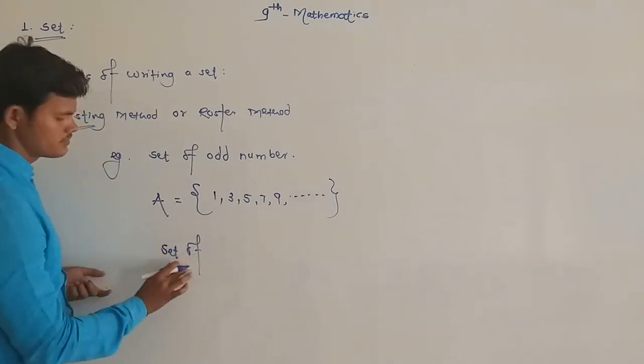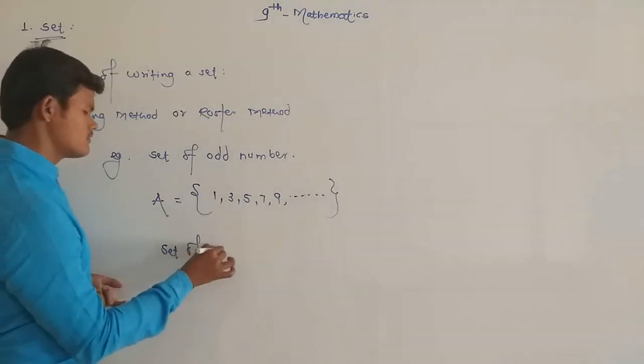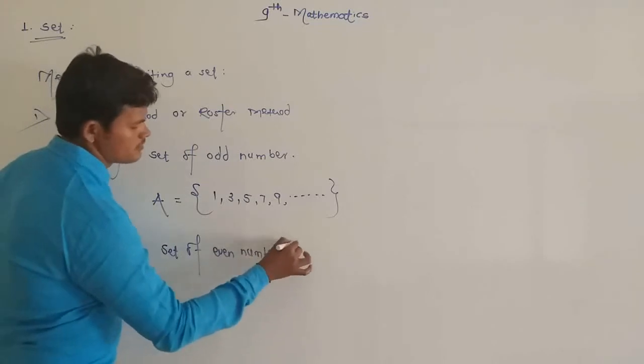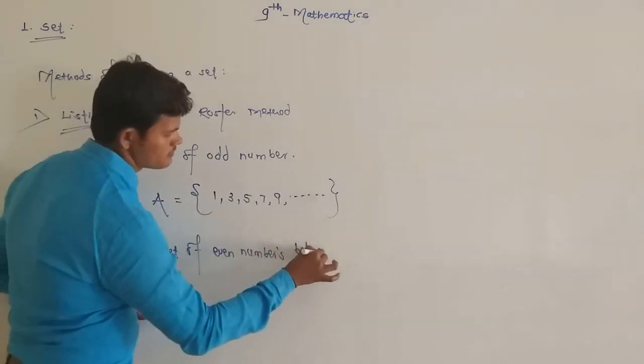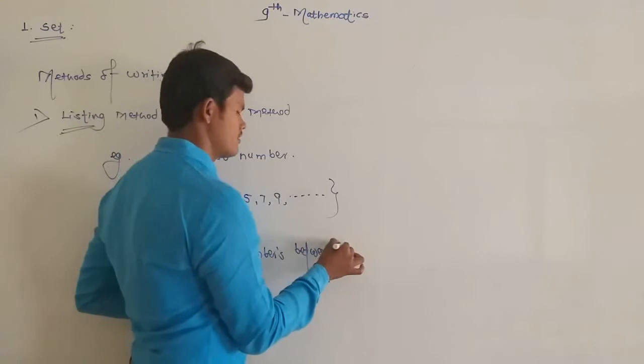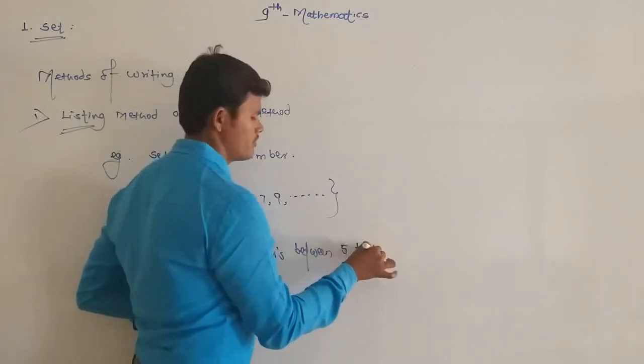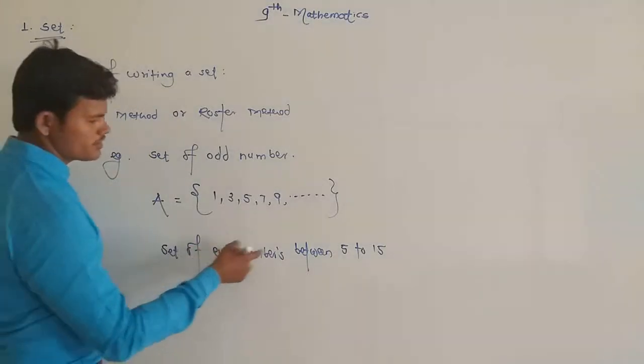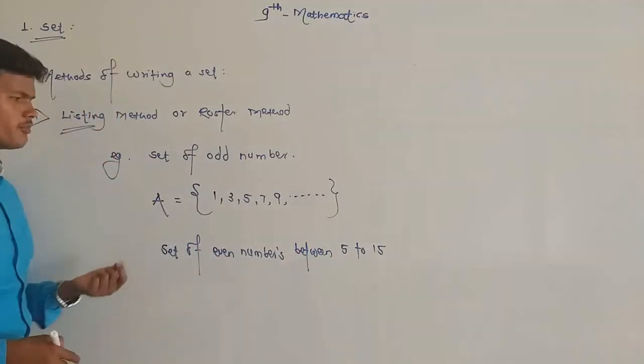Set of even numbers between 5 to 15. Okay, we have to write even numbers between 5 to 15. So what is the meaning of between and from?